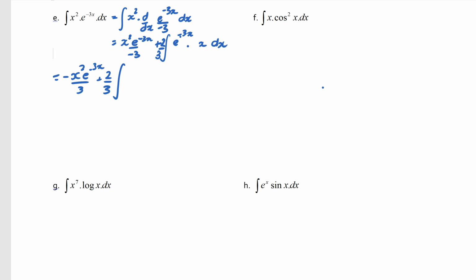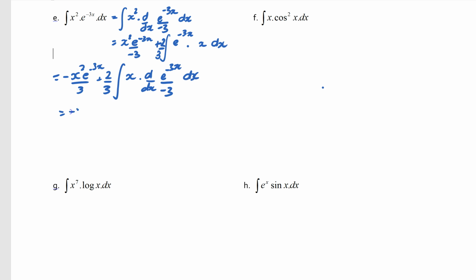So again, we'll do our integration by parts formula to that. So I'll rewrite my x times e to the minus 3x as again x times d/dx of e to the minus 3x on minus 3 dx. And you can probably see why, because I want this x to disappear next.